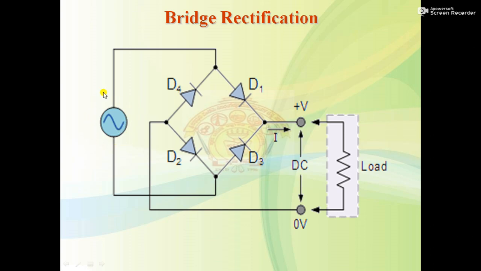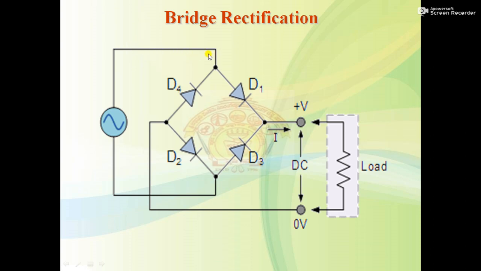During the positive half cycle of the AC input supply, consider this is node A, this is node B. A is positive, B is negative.